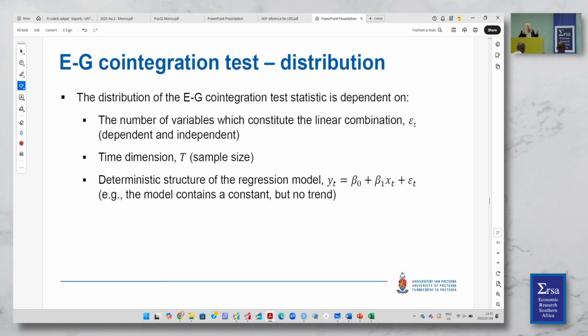It's only that when we get to calculating the critical values, there's a different set of critical values, because what matters is not only the sample size, but also whether we focus on a single variable or a linear combination of two variables.